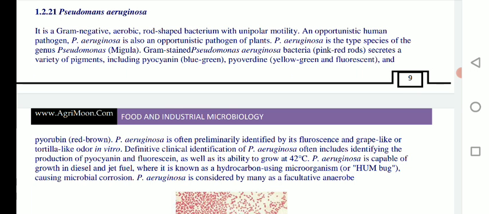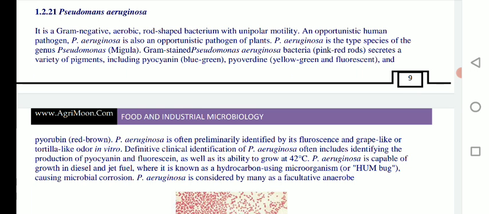Pseudomonas aeruginosa is also an opportunistic pathogen in plants. It is a species of genus Pseudomonas, described by Migula. Gram-stained Pseudomonas aeruginosa bacteria look like pink-red rods, and secrete a variety of pigments including pyocyanin, which appears blue green, then pyoverdin, which appears yellow green and fluorescent, and pyorubin, which appears red brown.